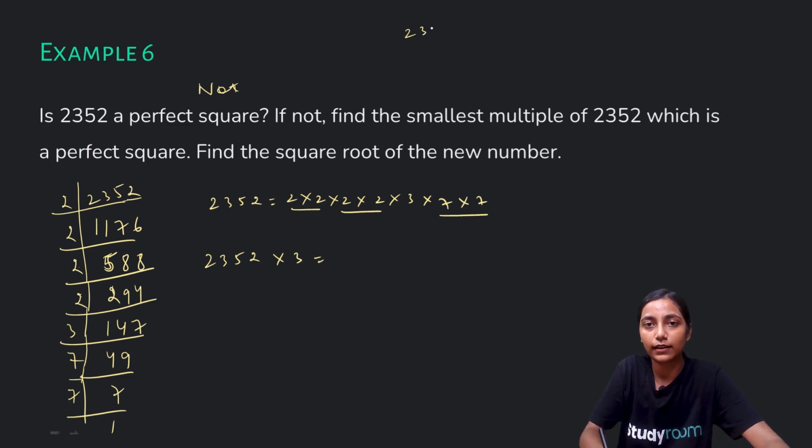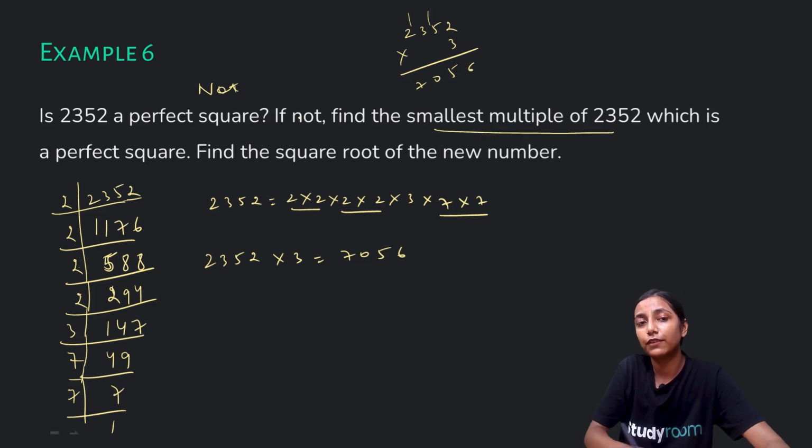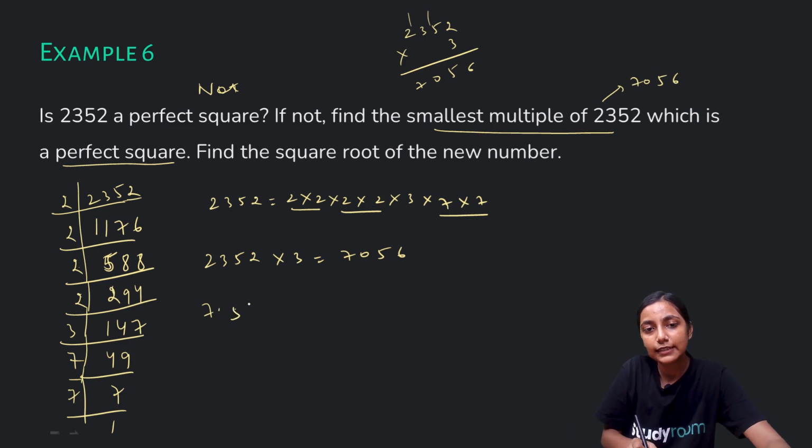Find out what that number is: 7056. So the smallest multiple of 2352 which is a perfect square is 7056. By multiplying 2352 by 3, we get this number.